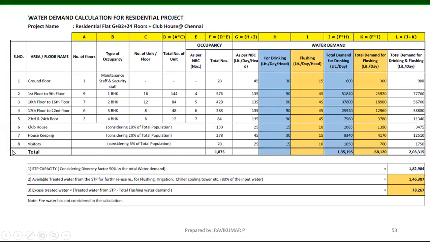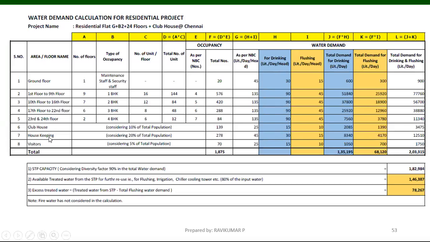There also serial numbers 1, 2, 3, 4, 5 are given. I have identified the area and floor names: ground floor, first floor to ninth floor, 10th floor to 16th floor, 17th floor to 22nd floor, 23rd to 24th floor, in addition to the clubhouse, and the housekeeping, general worker.